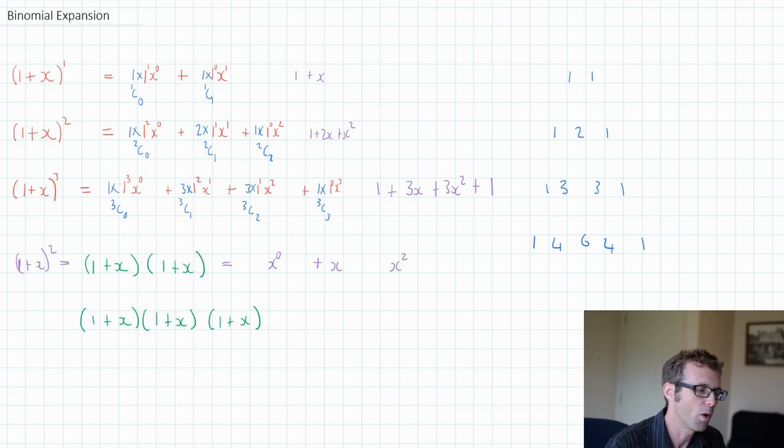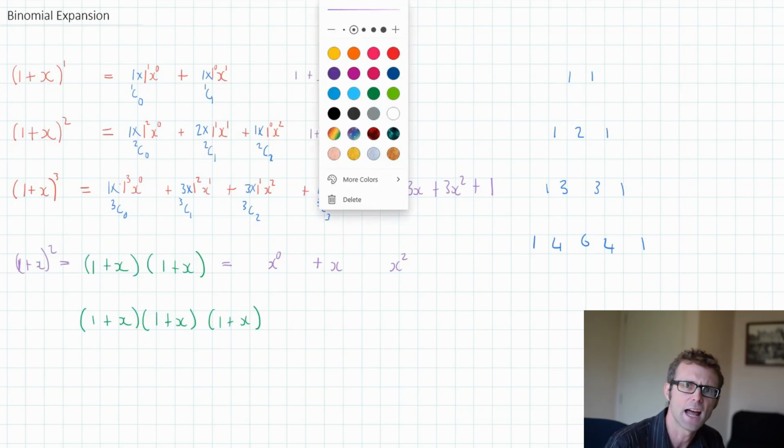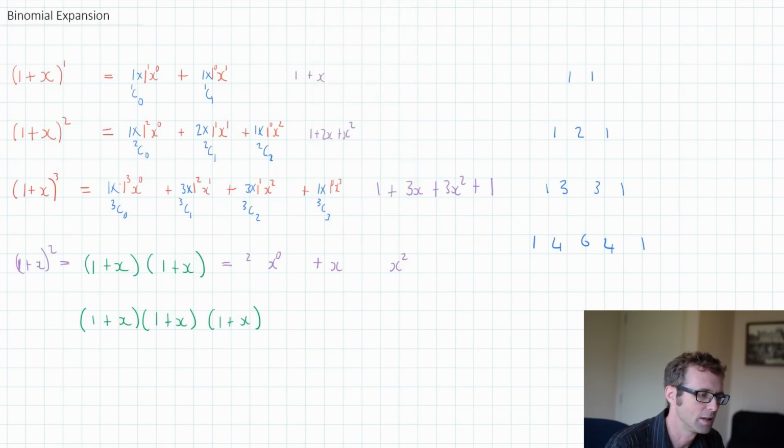So when we're finding the term without x, we've got two ways of picking an x. We can pick an x from this first bracket here, or we can pick it from this bracket here. There are two ways of choosing an x. And out of those ways of choosing an x, we want none of them. So that's why we say two ways, choose 0.